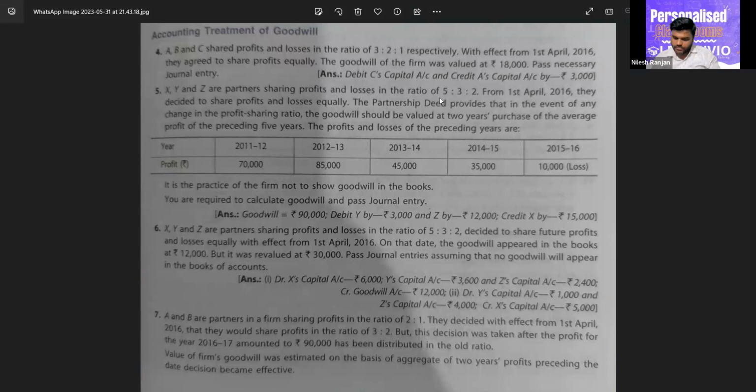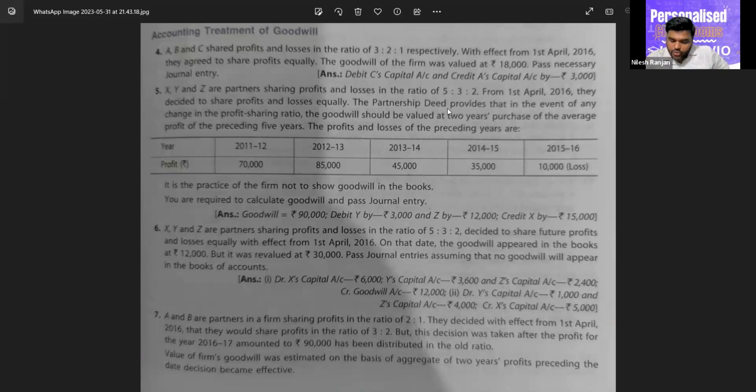Yes, there is some other information also here. The 2 years' profit in question number 7 is given as 60,000 and 75,000.